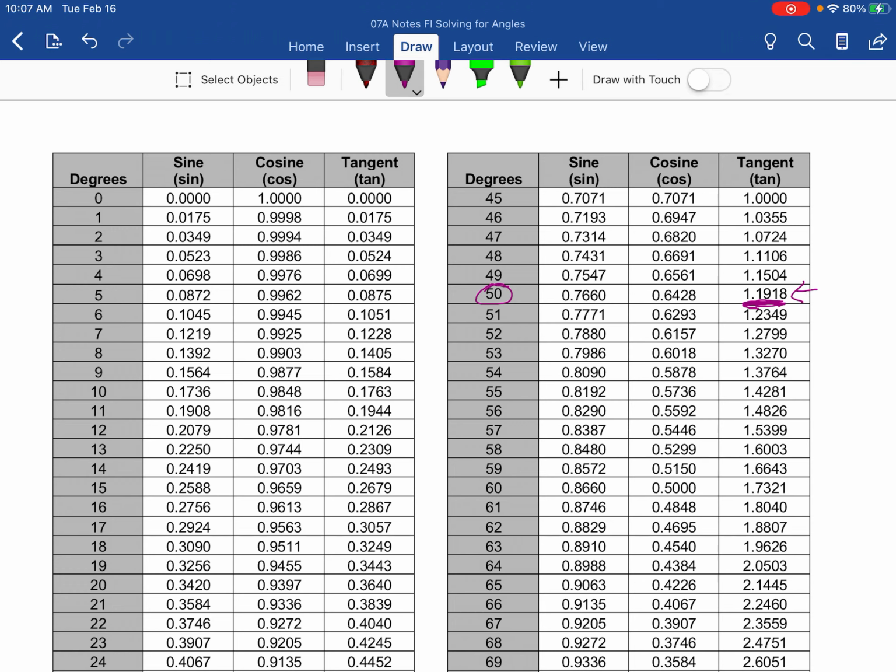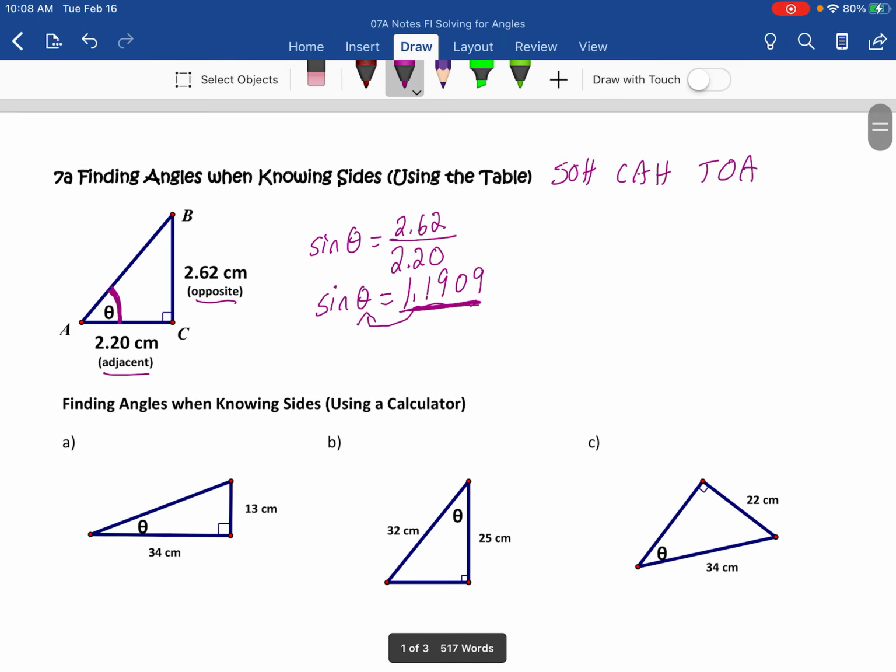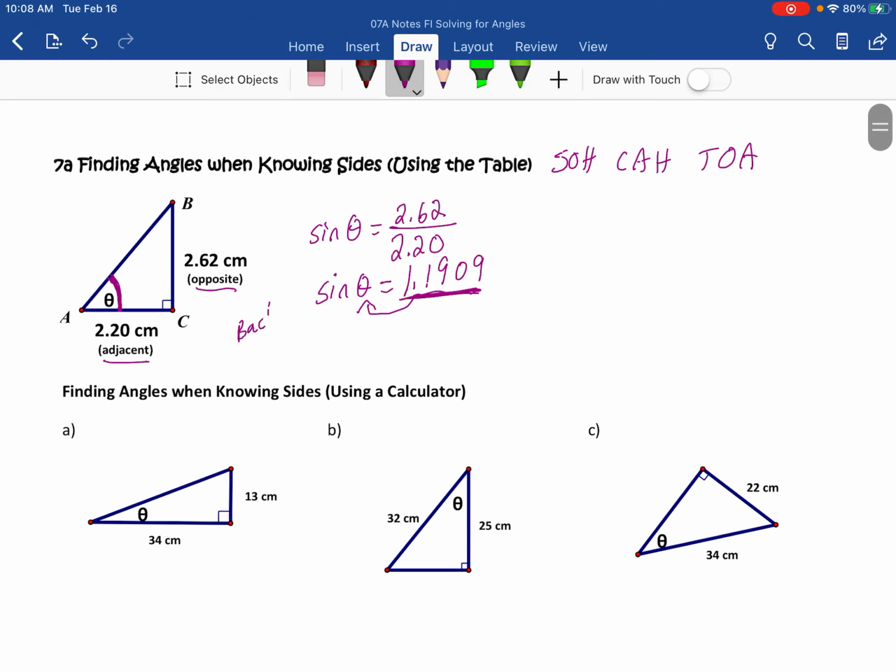If I was just using my trig table, I would say it's about 50 degrees, because 50 degrees gives me approximately that ratio of opposite to adjacent. So if you go backwards in the table, that's what you would do.